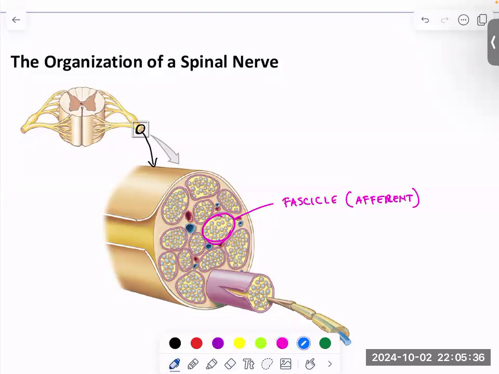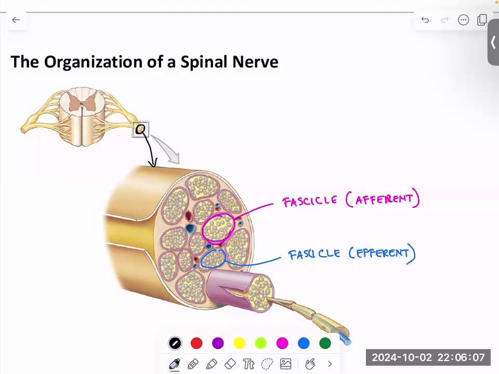This fascicle might be efferent. What does that mean? It's sending motor information out the spinal cord. This is how nerves can be sensory and motor. The bundles are sending different information. Okay.